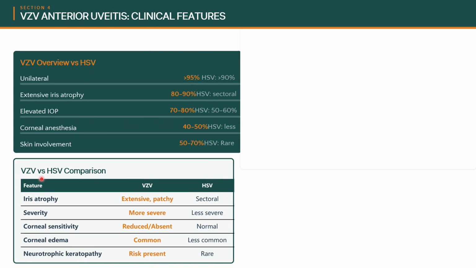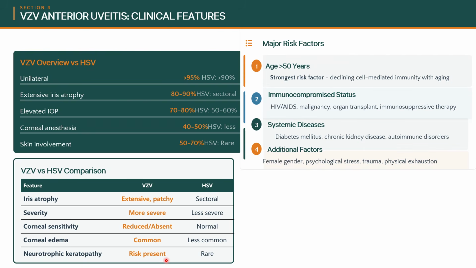This is a quick comparison between herpes zoster and herpes simplex. As I said, the involvement of the iris is more extensive and the severity is more. Hypopyon is less common, but if it is there, always think of herpes varicella zoster virus. Corneal sensation is much reduced in varicella zoster, and corneal edema can be seen, and neurotrophic keratitis is seen in varicella zoster.